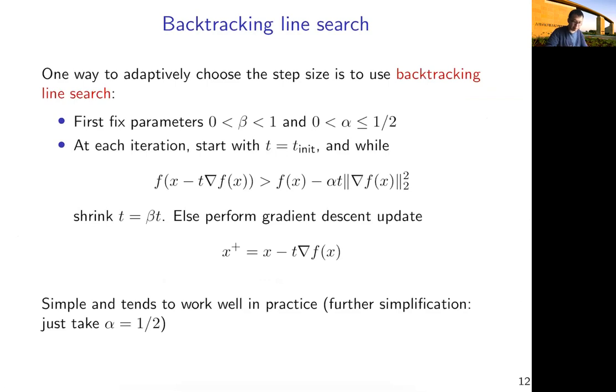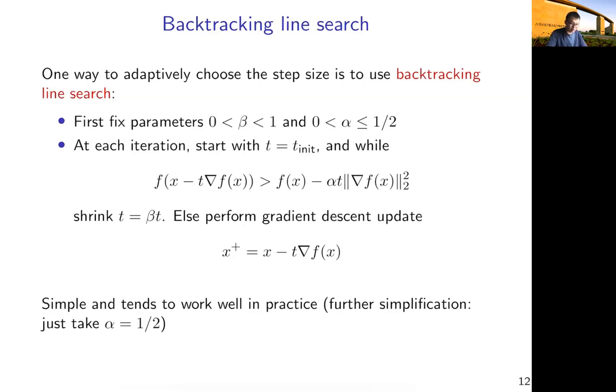So before we get to the analysis for fixed learning rate, I'd like to continue on the algorithmic front by talking about a particular way to choose this learning rate adaptively without needing to know anything about this function itself.